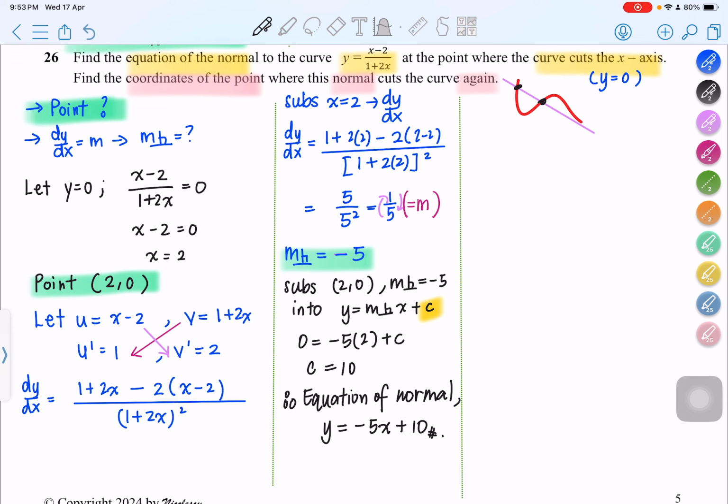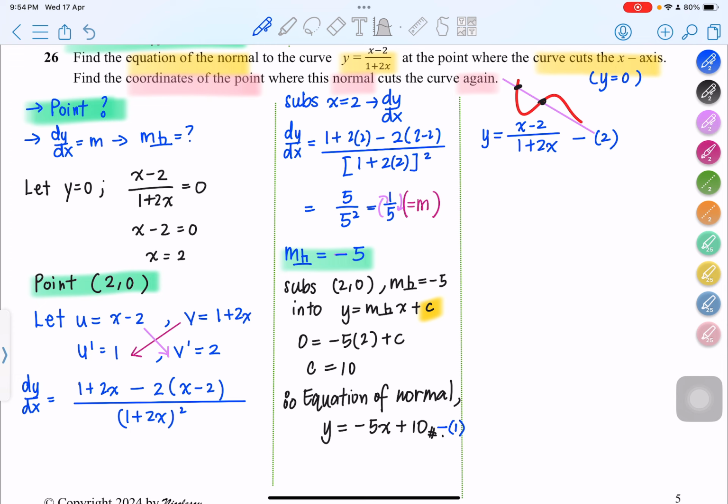First of all, my answer from part one, y equals negative 5x plus 10, is equation 1. My equation 2 will be the original curve equation, y equals (x minus 2) over (1 plus 2x).